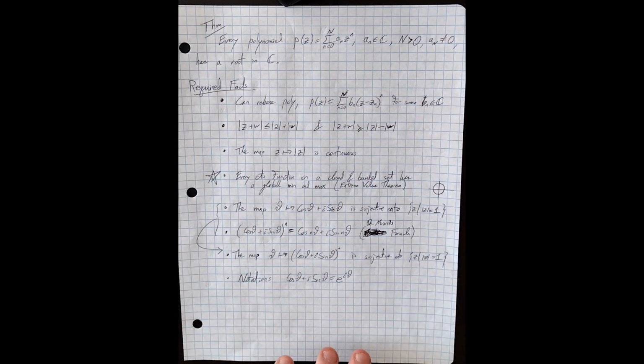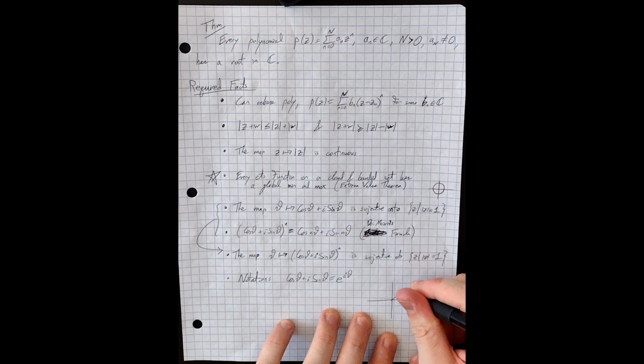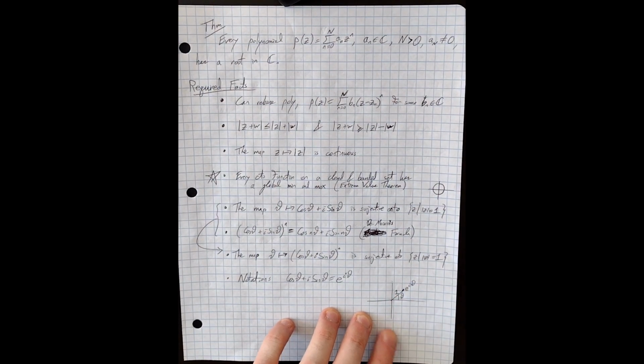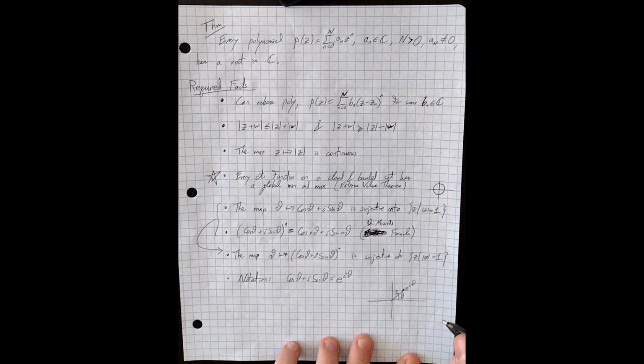So for now, this will just be notation. And again, for people new to complex analysis, this is 1, then e to the i theta is this point here. And you can scale this by r to get any complex number in the plane, and you can write them all of the form r e to the i theta.